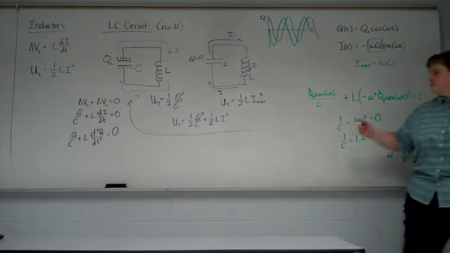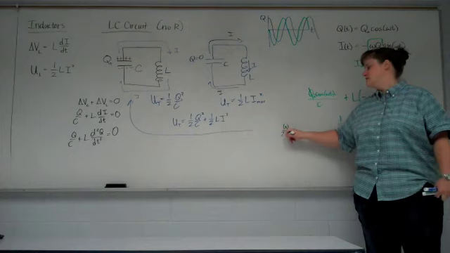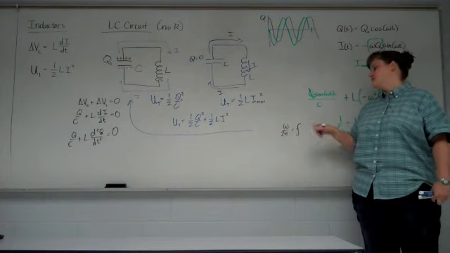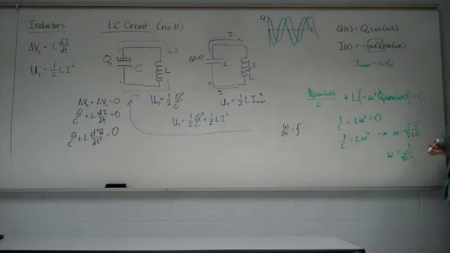Omega over 2 pi is regular frequency in hertz. So this is the rate at which this system oscillates. We call it a natural or resonant frequency. It's the frequency it naturally wants to resonate at.